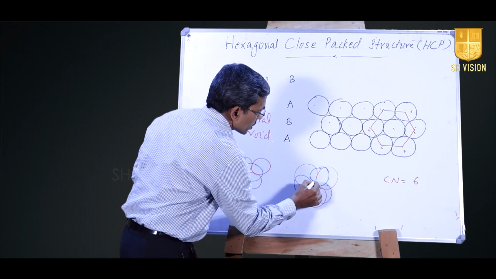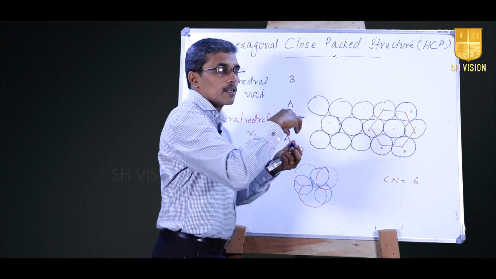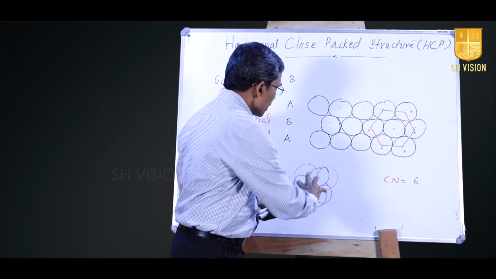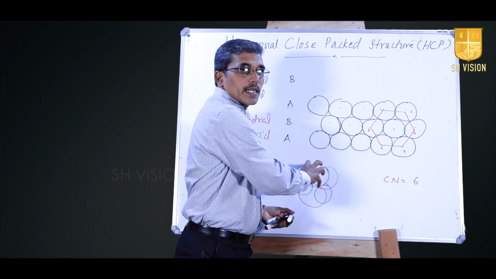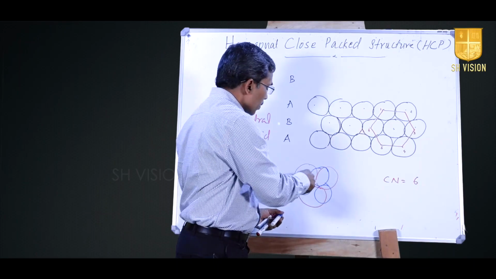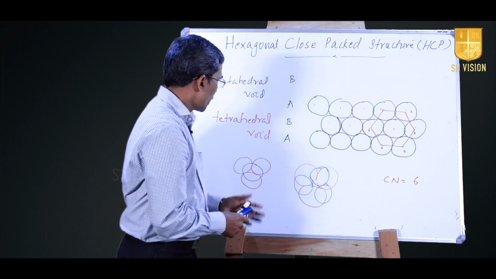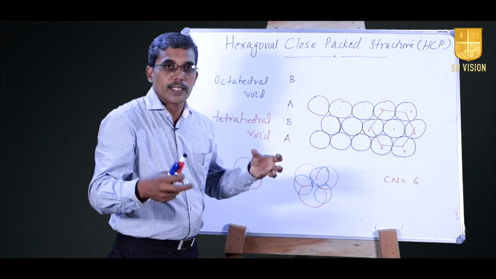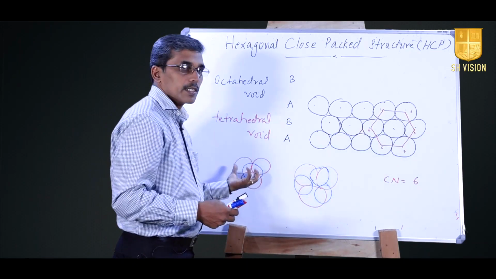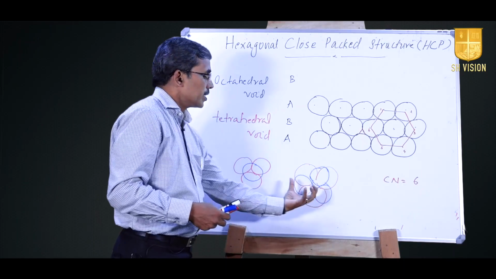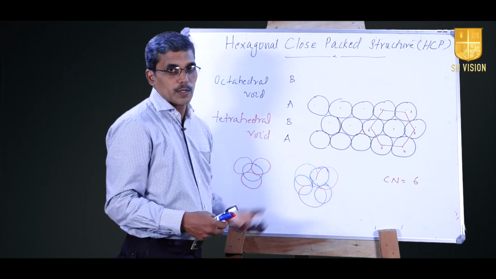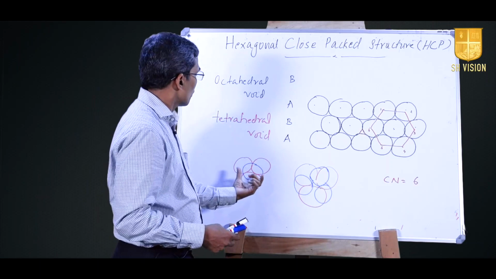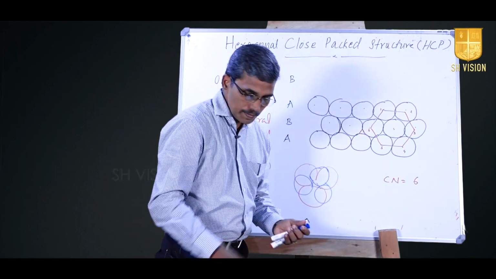So, one triangular void will be coming in contact with another triangular void and there 6 atoms will be in contact with that void, whereas here 4 atoms will be in contact with that void, or that void will be shared by these 4 atoms. This is called a tetrahedral void and this type is called octahedral void, and we are interested in this tetrahedral void for some calculation.